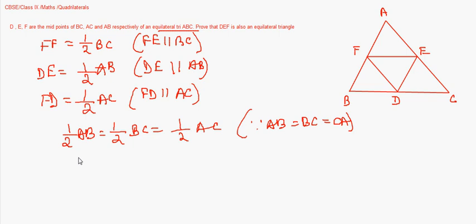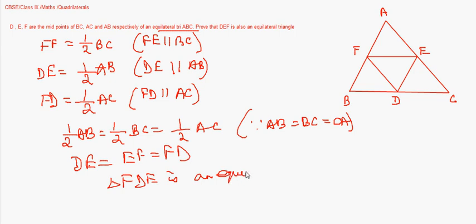Half of AB is DE, therefore it is equal to EF and then equal to FD, thereby making FDE an equilateral triangle. Hope you followed. Thank you.